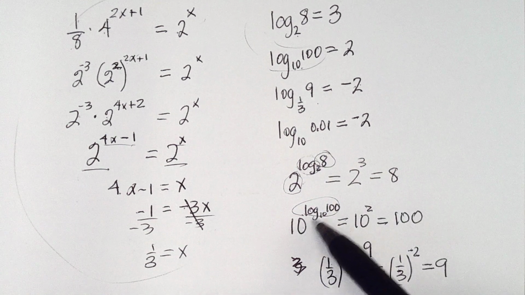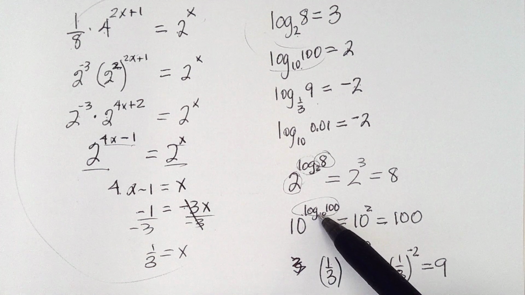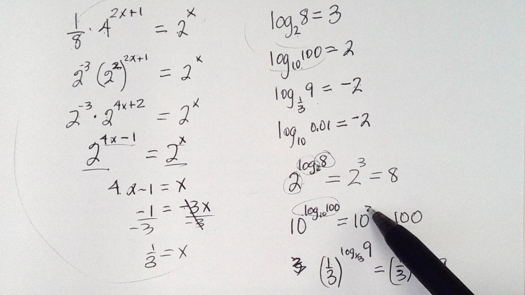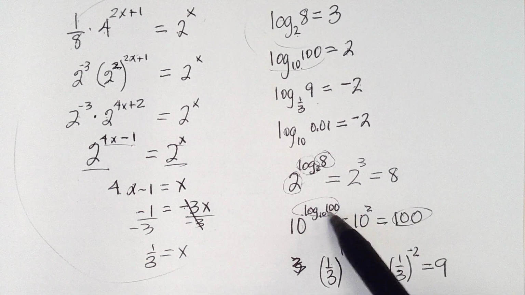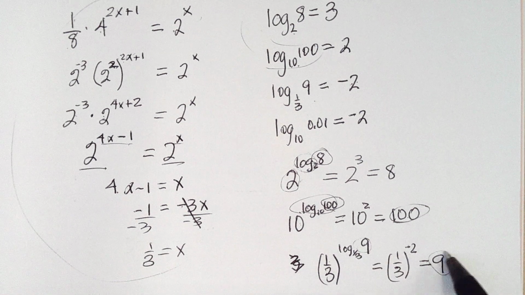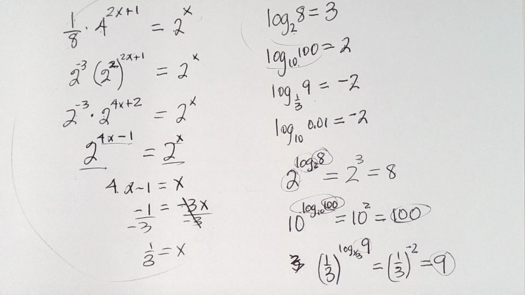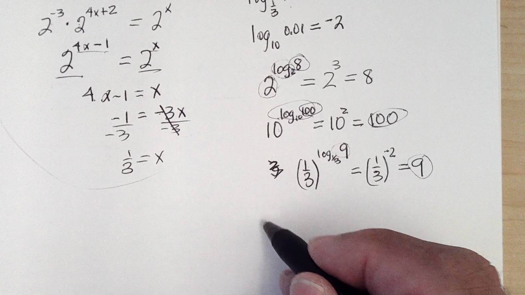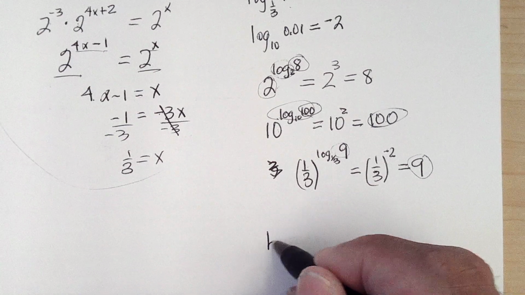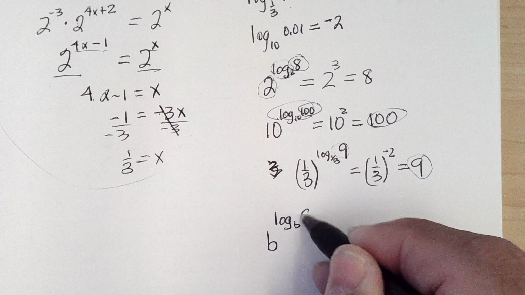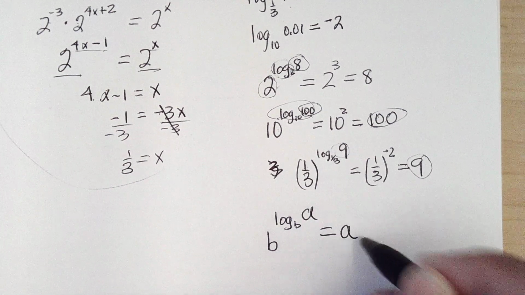So 10 to the power log base 10 of 100 is just 10 squared, or 100. It just becomes this. Base and the base are the same, so this becomes 9. Which means I have this kind of rule now that if I have some base a to the log to that same base of a different number, that's just that number.